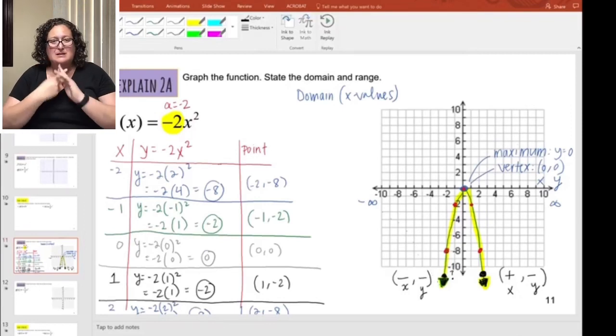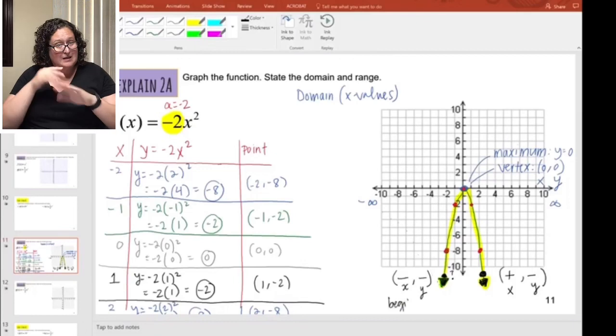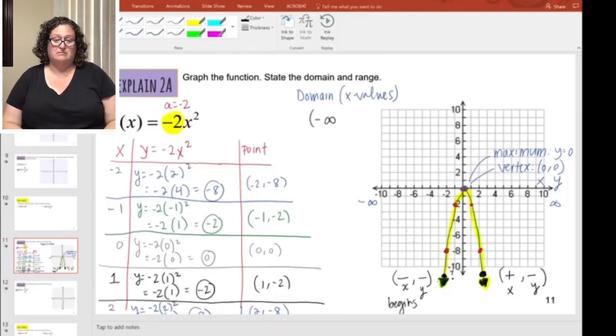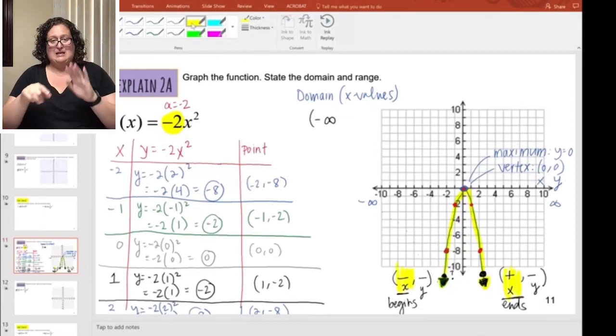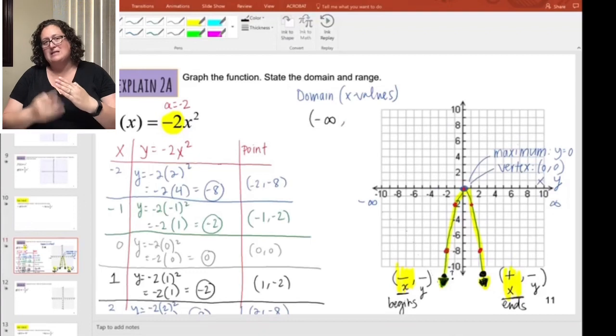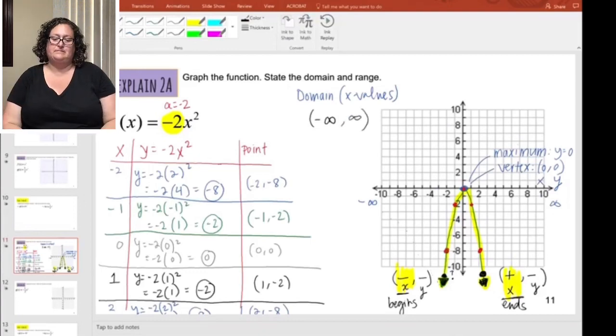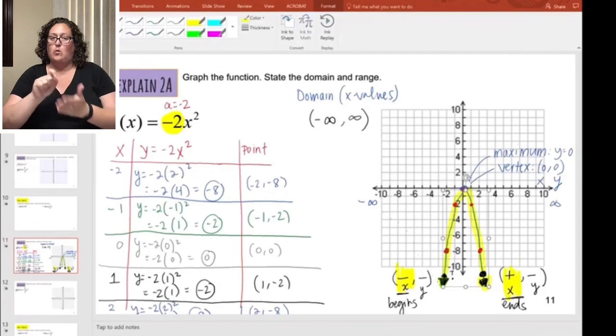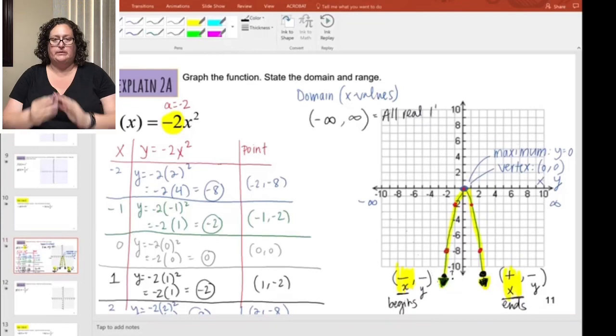And x begins at negative infinity, and it ends at positive infinity. Another way to write negative infinity to infinity is by writing all real numbers. And that's our domain.